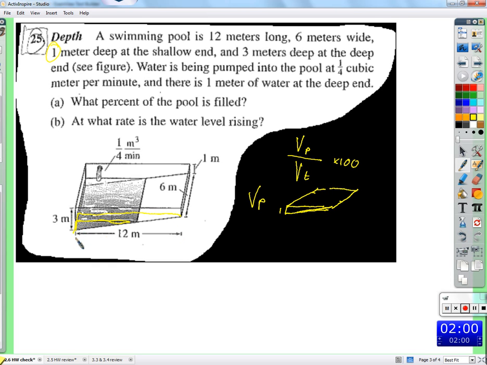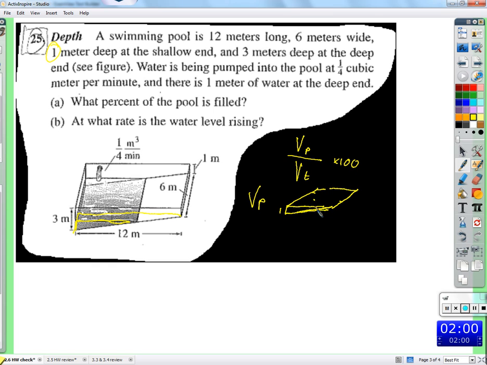Well, if this is 3, and this is 12, sorry, 2 and 12, then if this is 1, this would be 6. Right, they're similar triangles, so this measurement would also be half of this one here.